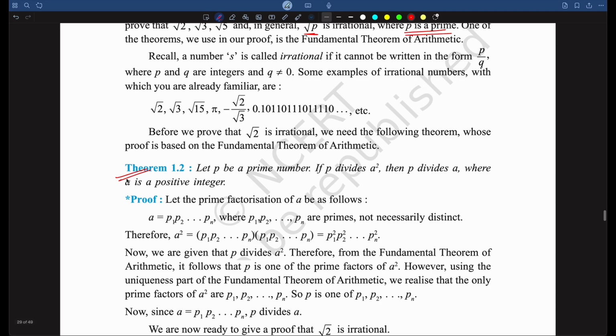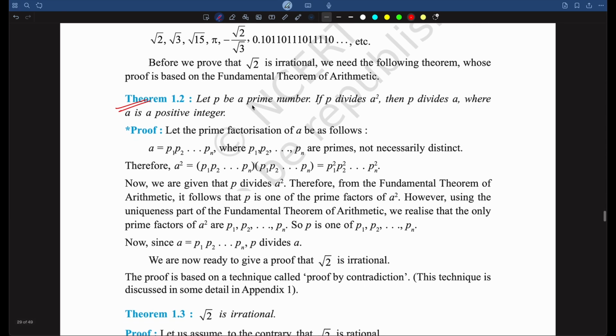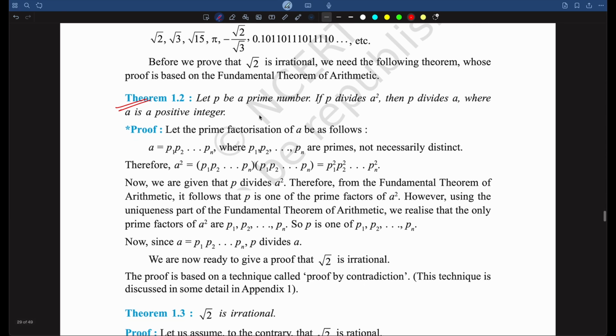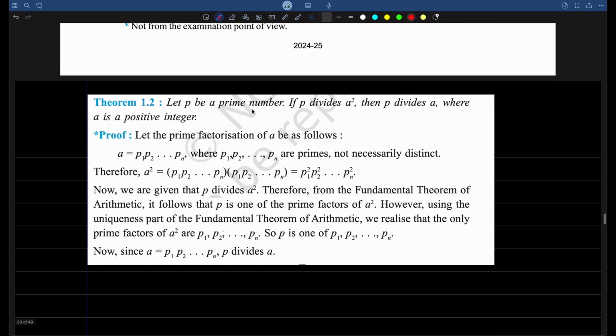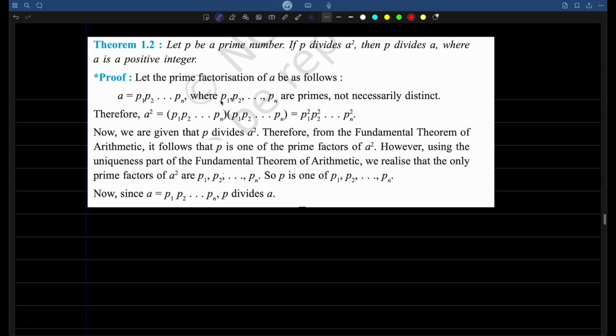Now let us see theorem 1.2 with one small example. Theorem 1.2: p is a prime number, then we have a and a square, which is a positive integer.